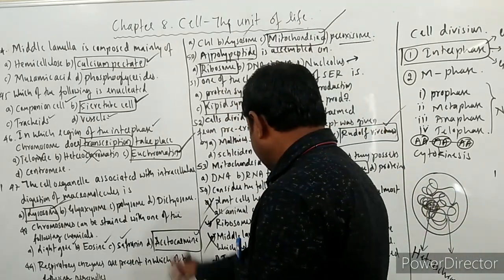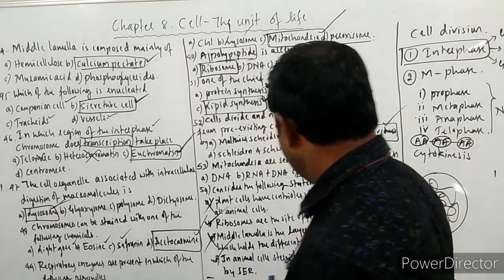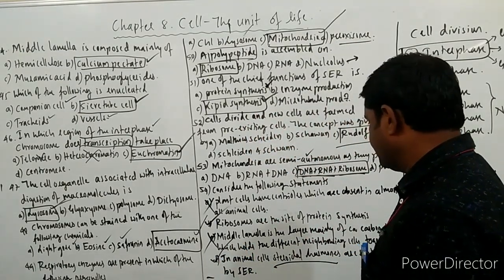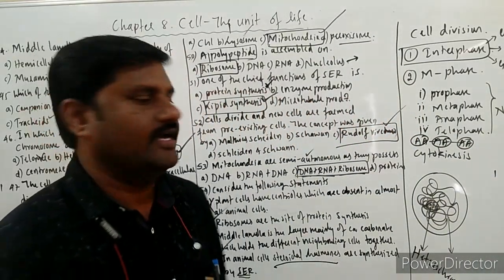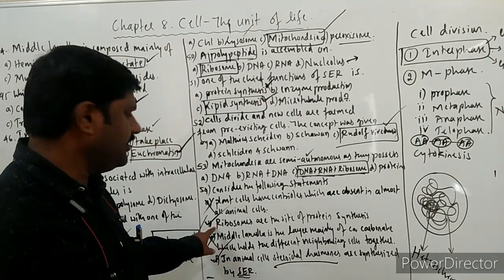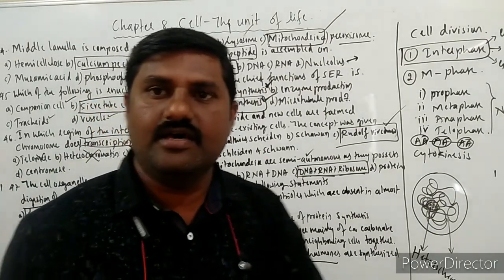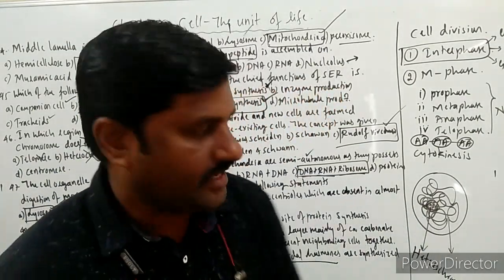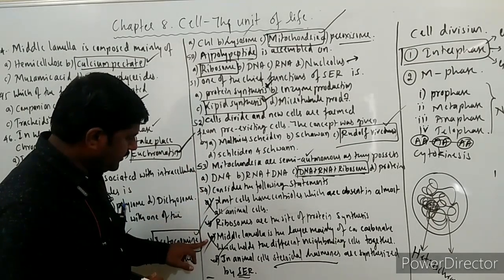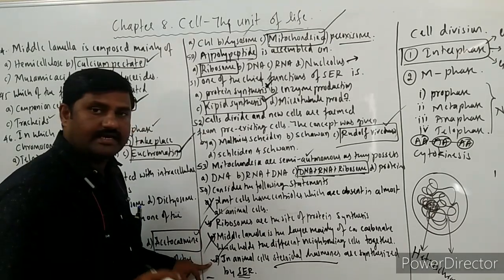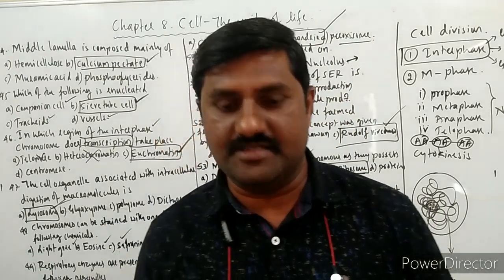Of course, that is right, because steroidal hormones are synthesized inside the smooth endoplasmic reticulum. That's why options B as well as D are the correct answers, and A as well as C are the wrong statements. Hence option A is wrong, C is wrong, B as well as D are correct. So choose the correct answer from your material, right?